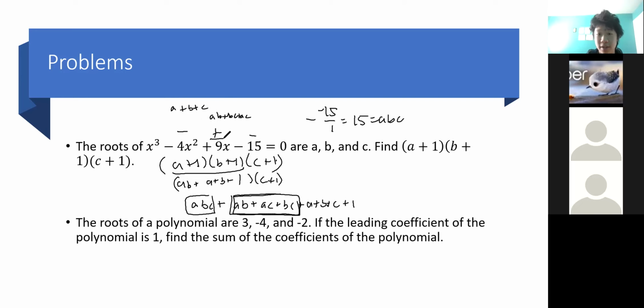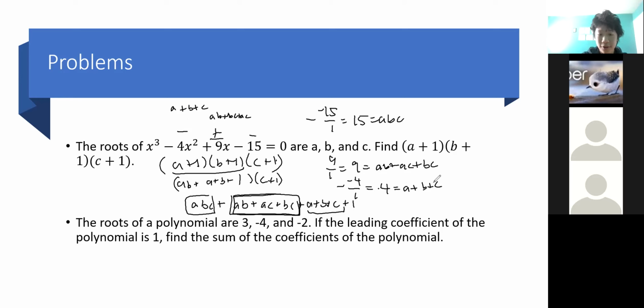As we can see, we don't need to take the negative of that. So that would just be 9 over 1 equals 9, and that's ab plus ac plus bc. Sum of the roots, we have to take the negative of that. So it's negative negative 4 over 1, which is 4. And that's a plus b plus c.